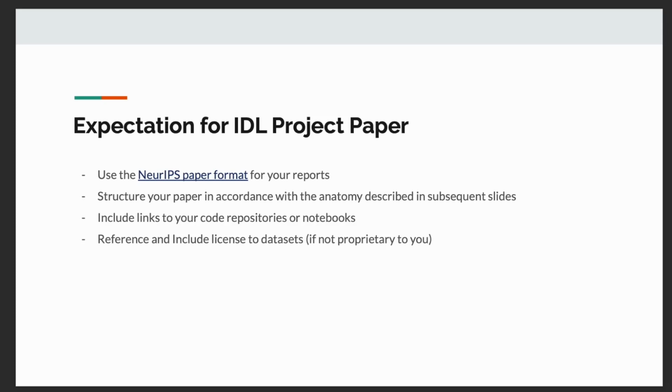You should include links to your code repositories or code notebooks, and you should also include references or citations to any papers that you've referred or any code that you've used. So if you've used some code that you have not written yourself, it's important to cite that. Otherwise, it could be flagged as plagiarism.